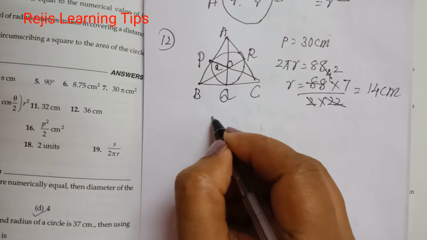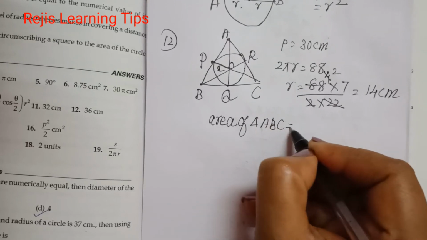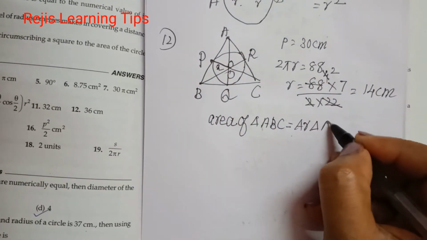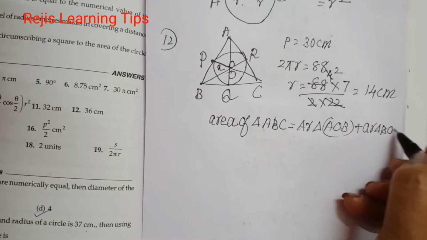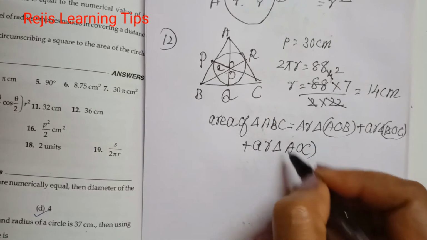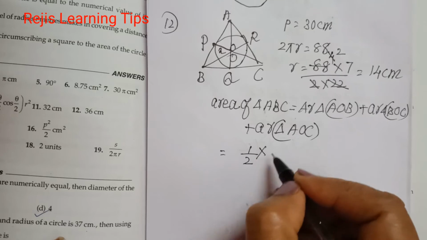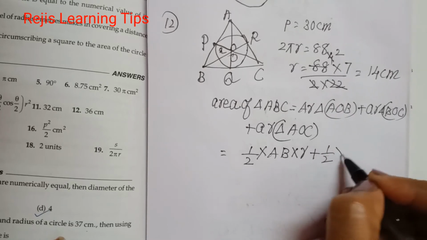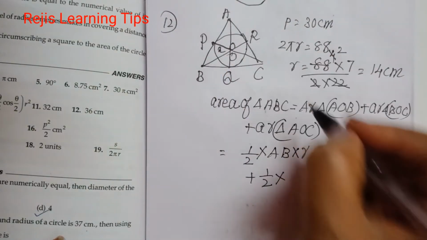Area of triangle ABC is equal to area of triangle AOB, plus area of triangle BOC, plus area of triangle AOC, that is equal to half into base AB into altitude, that is R, plus half into BC into R, plus half into AC into R.